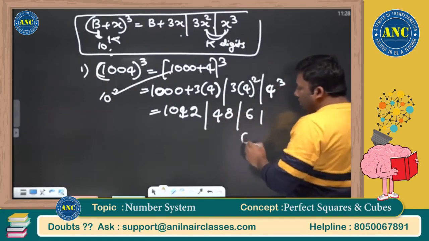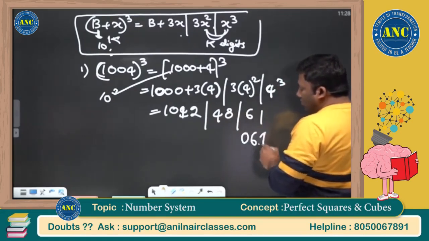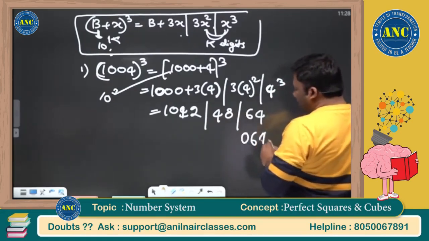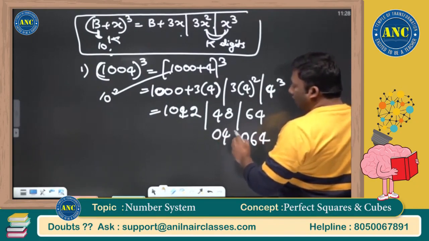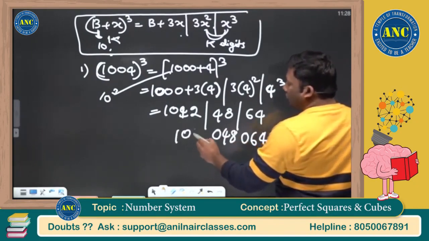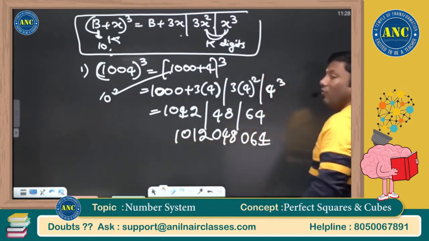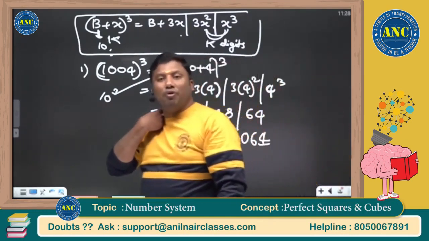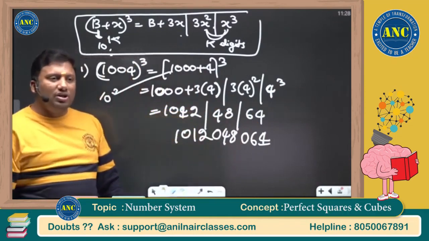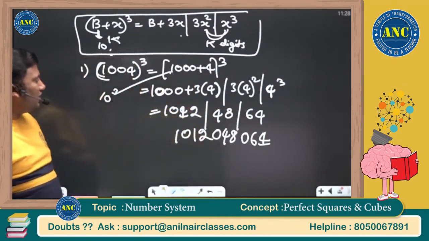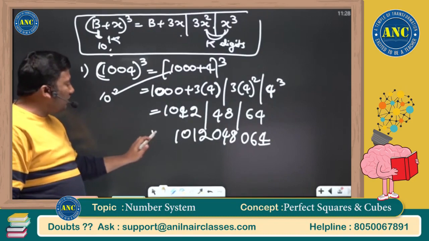So the last places should have 3 digits: 064, 048, and another is 1012. So 1012, 048, 064. I hope this concept is clear.